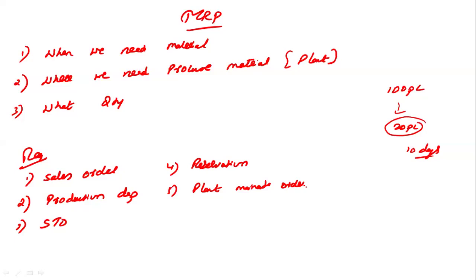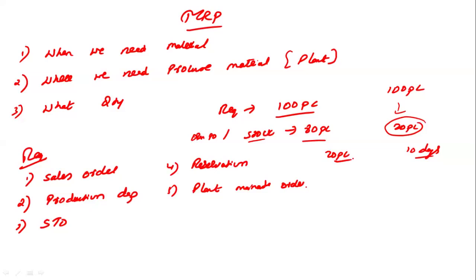Okay. For example, if I say that I require 100 pieces of material, I have only 80 pieces in my stock. This is my requirement. This is my stock. This 80 pieces might be direct stock or it might be an open PO also. There is an open PO already placed to the supplier. So I'm still missing the 20 pieces of stock.